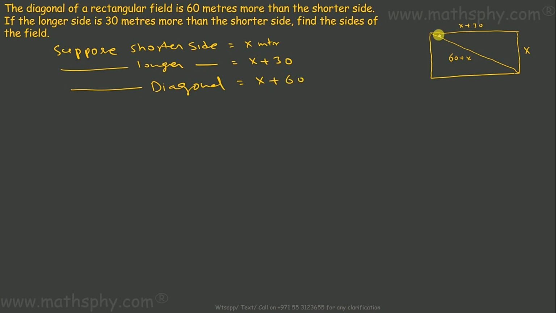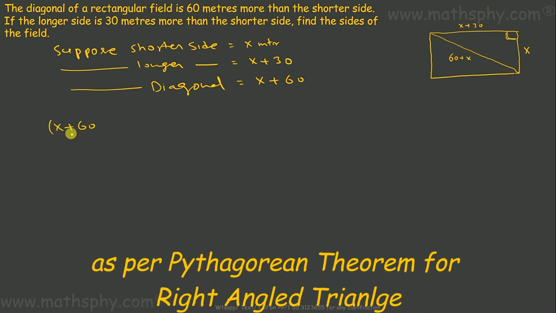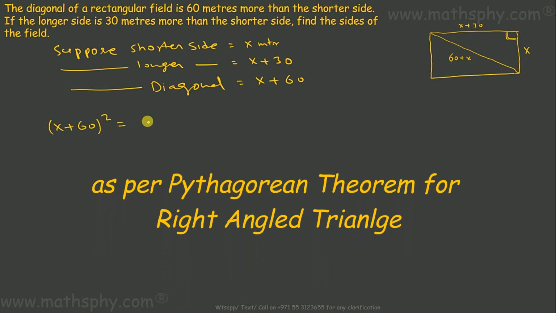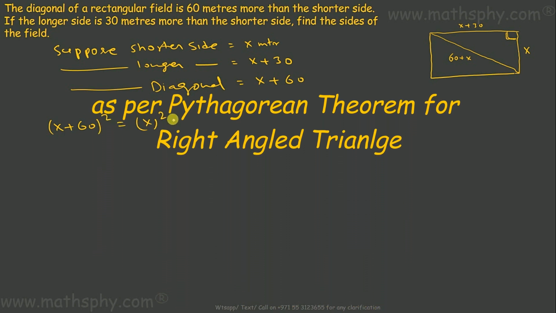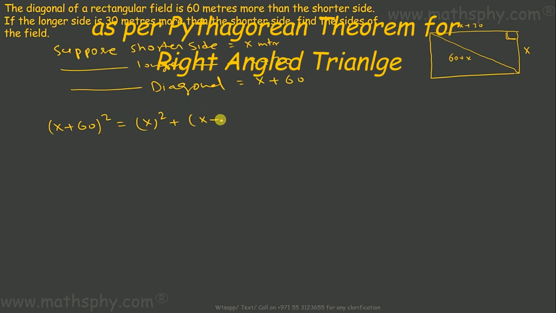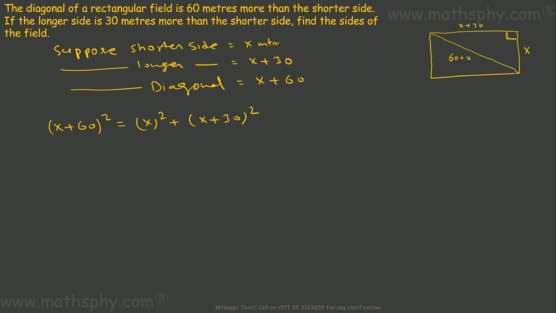Now, if you look at this piece here, this will be a right angle triangle. Since this is a rectangular field, this diagonal will work as the hypotenuse. So I put it this way: (x + 60)² will be equal to x² + (x + 30)².